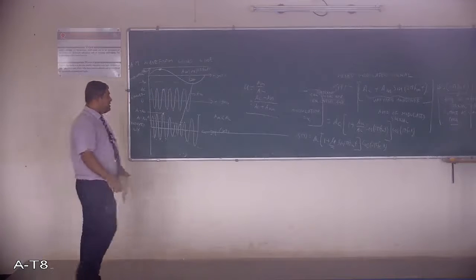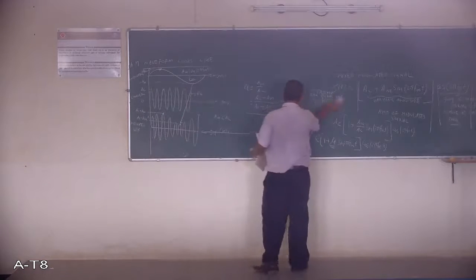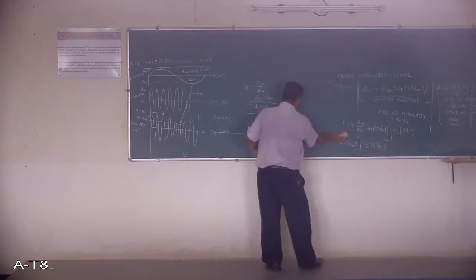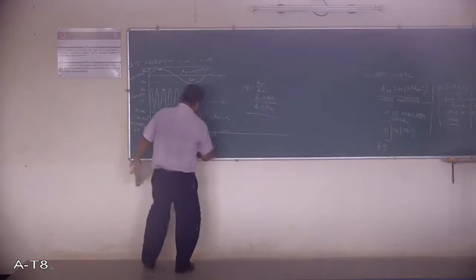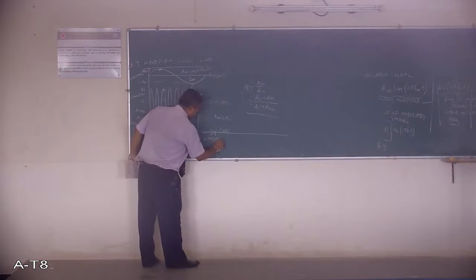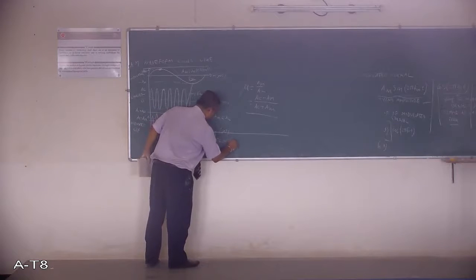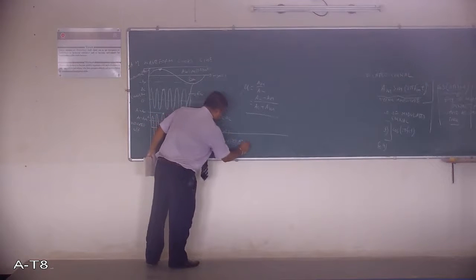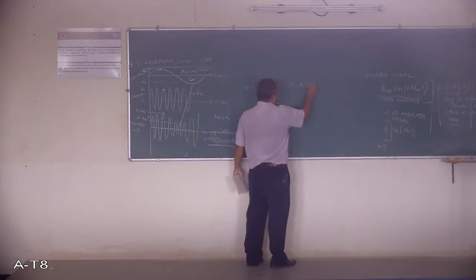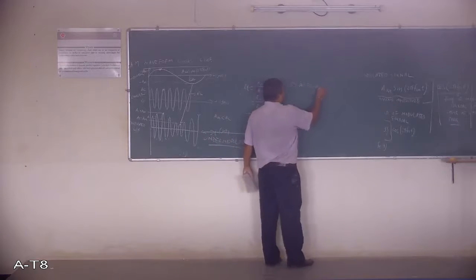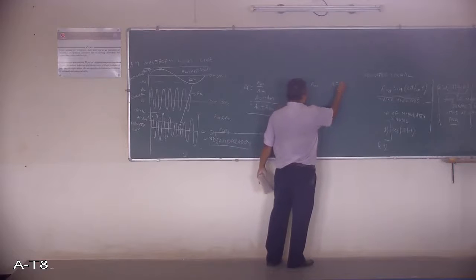Now depending on this, there are three cases. Whatever I have drawn, this is the case of under modulation. Like this. So there are three cases. Number one, AC is equal to AM. This is called mu is equal to 1.